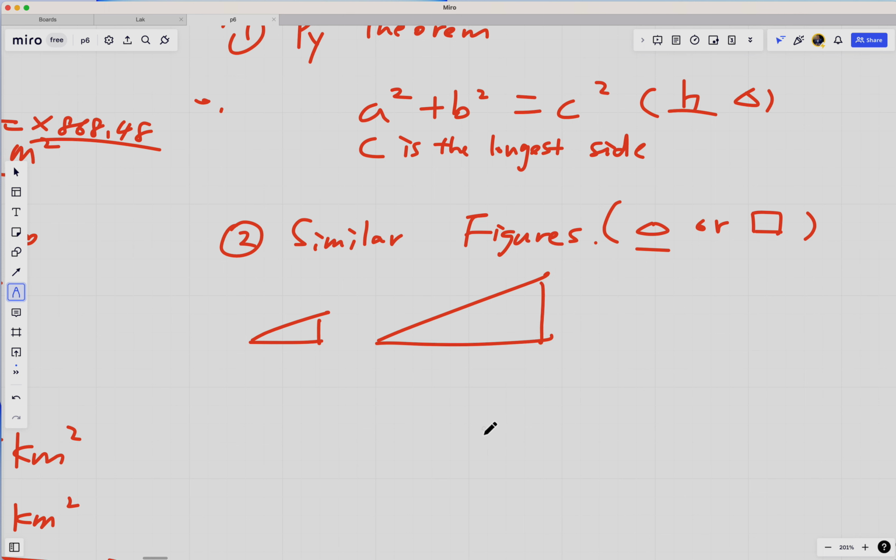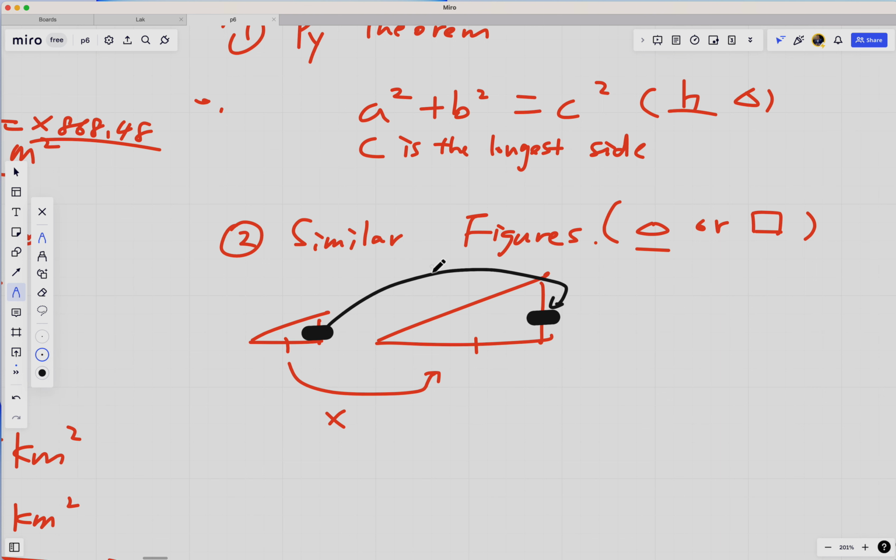You know what it means? That means this side is multiplied by a factor to get this side. Similarly, the other sides are also multiplied by the same factor to get the corresponding sides. And the last one is also the same thing. So maybe I use a different color.